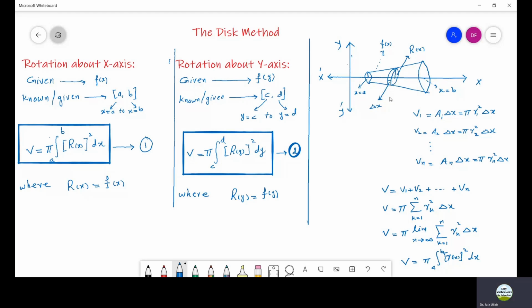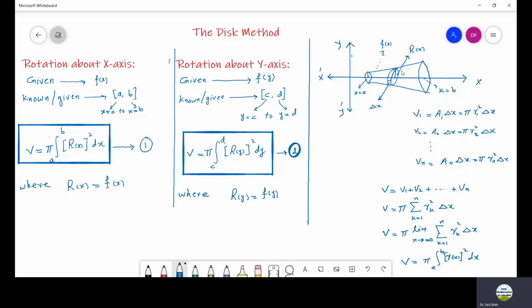Then that is the thickness of this disk. We denote this by delta x, and that is the radius of this disk. So to find volume of this disk, we write volume V1 is equal to area of that disk into thickness. So area is pi r square, so we write pi r1 square delta x.